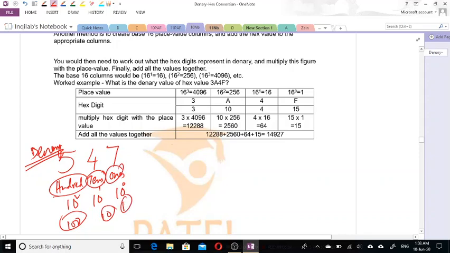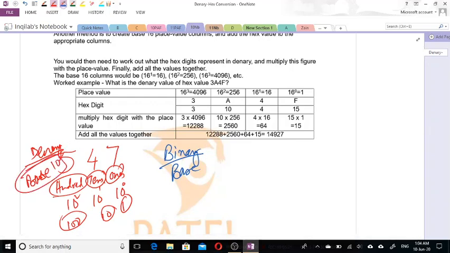The same we have used in binary. In binary we have studied that it is a base 2 number system. This was the base 10 number system, and this is the base 2 number system.